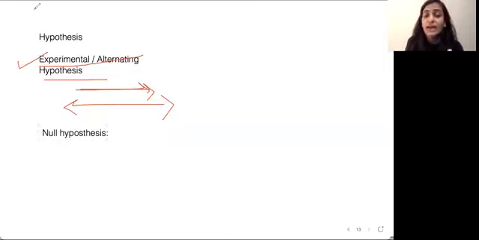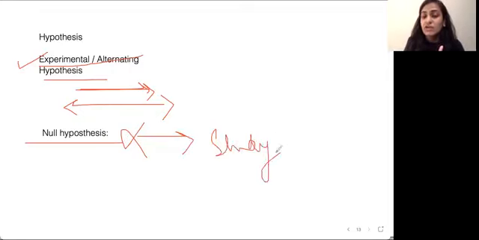I never say that, okay, I am accepting my alternating hypothesis. What do I say? I am rejecting my null hypothesis. So when you reject your null hypothesis, that means that your study is significant. If you reject your null hypothesis, it means your study is significant, and it automatically means that your experimental hypothesis is correct. But this is how research goes.